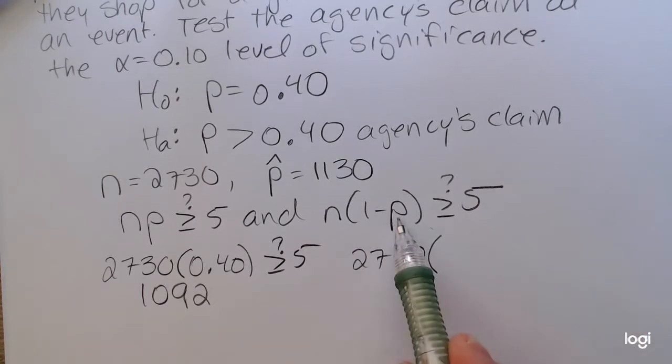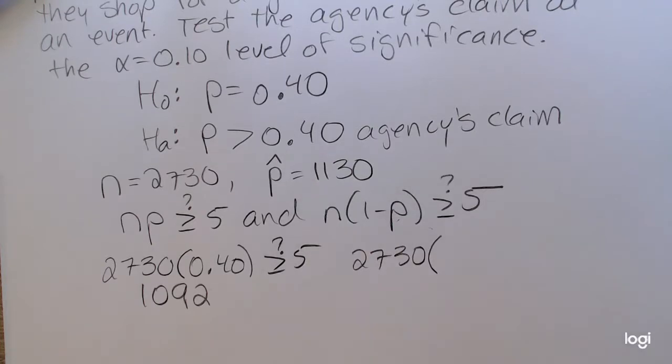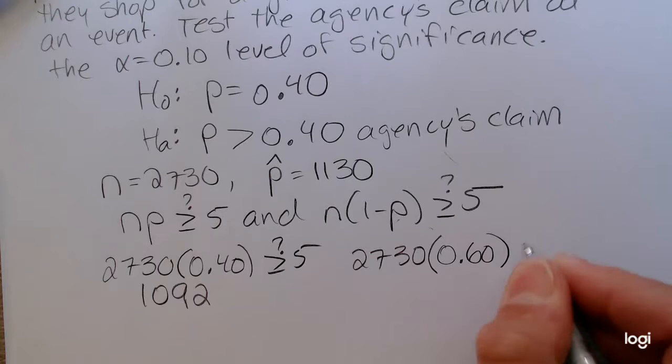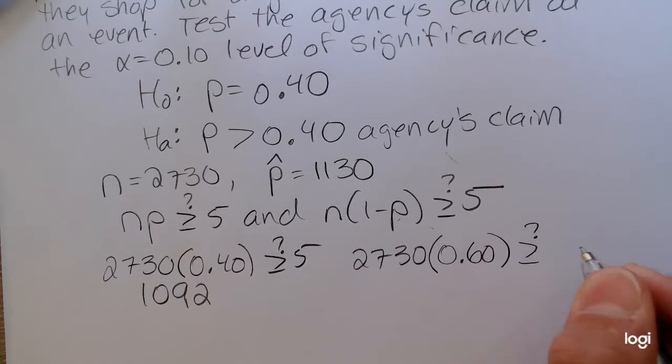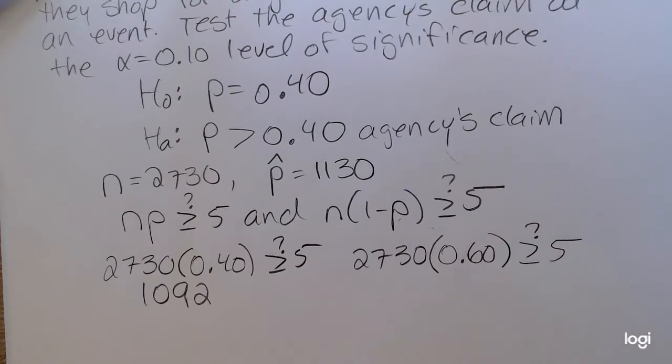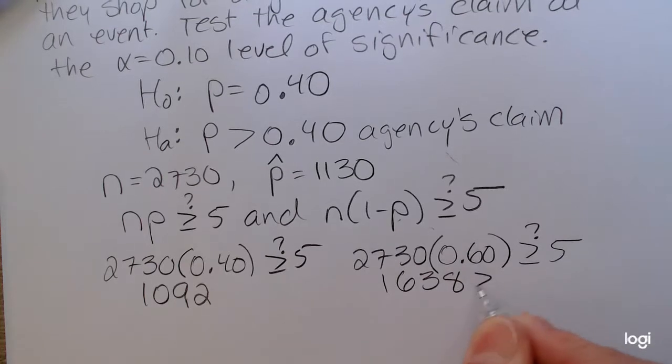And 1 minus p is the complement. So if p is 0.40, then 1 minus p is going to be 0.60. So in other words, is 60% of 2,730 at least 5? Well, it's definitely going to be more than 5, but we can get that product very easily.